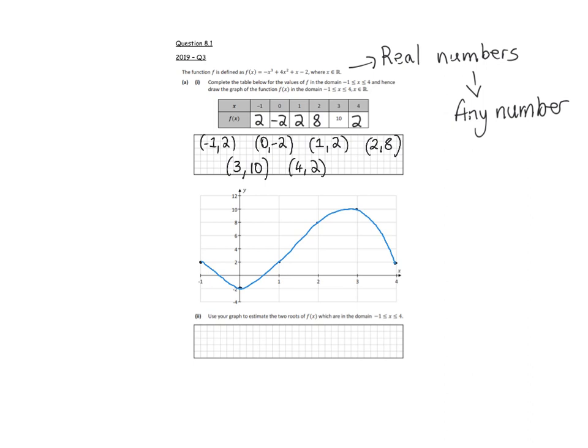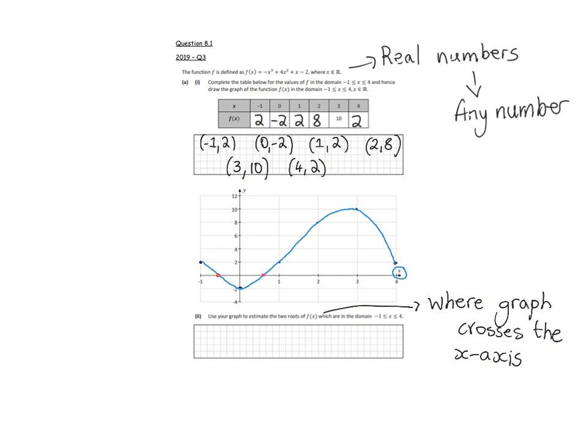It says, use your graph to estimate the two roots of f(x), which are in the domain between x is -1 and 4. Now, you know that roots are where the graph crosses the x-axis. You can see here that the graph crosses the x-axis twice, making sure you're aware that the x-axis is here, and it crosses the x-axis here and here.